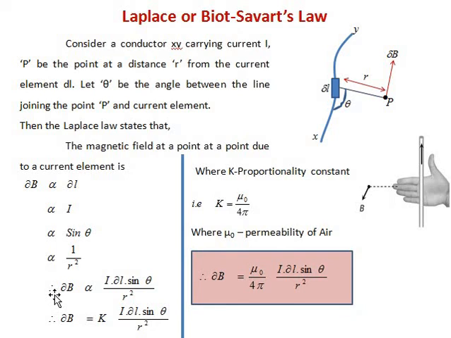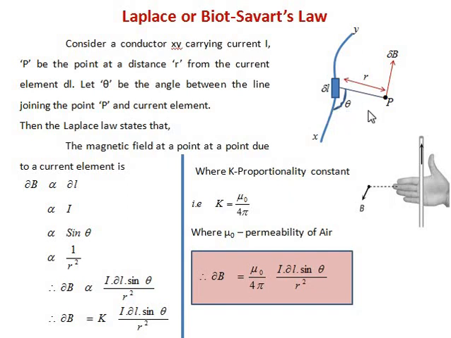Therefore dB is directly proportional to I dl sine theta divided by r squared. So dB is equal to k times I dl sine theta divided by r squared, where k is the proportionality constant we introduced, and k is equal to mu naught divided by 4 pi, where mu naught is the permeability of air.